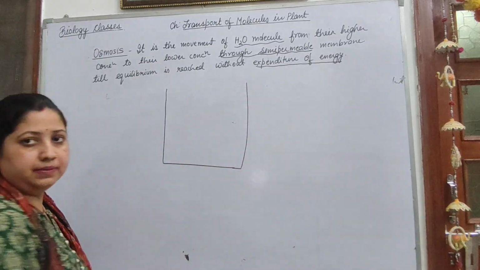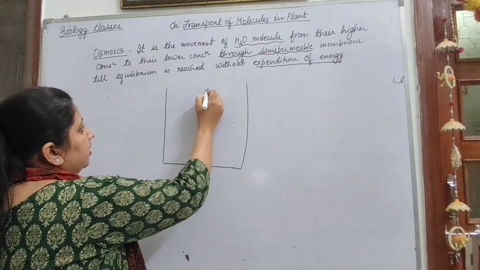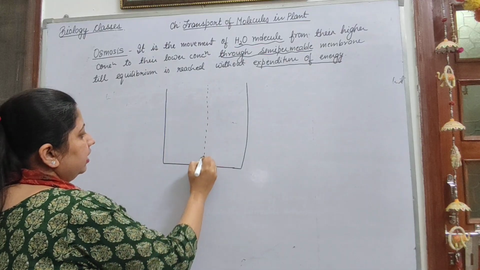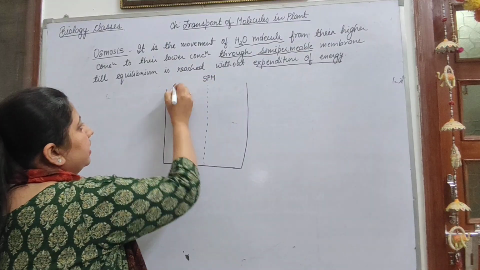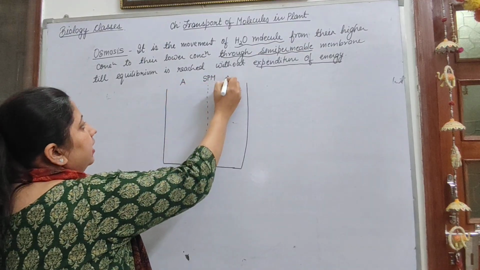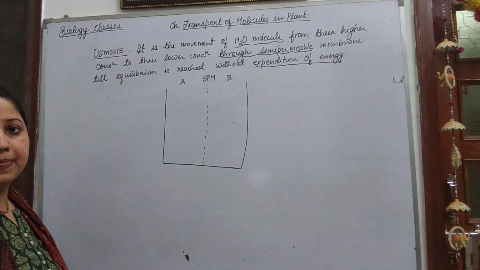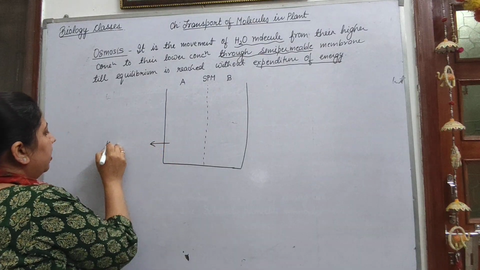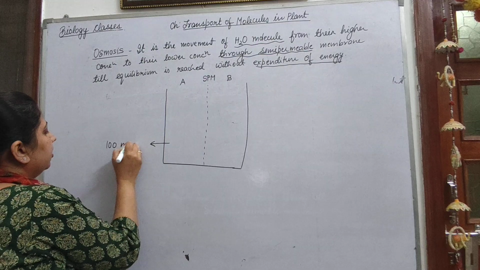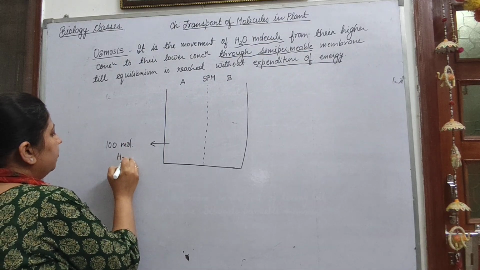We took a beaker and this beaker was separated into compartments with the help of a semi-permeable membrane. So this compartment is A, this compartment is B. Suppose in compartment A we have taken 100 molecules of water.